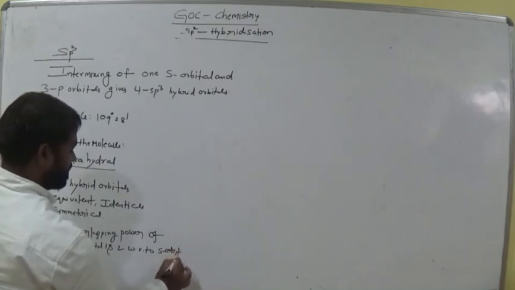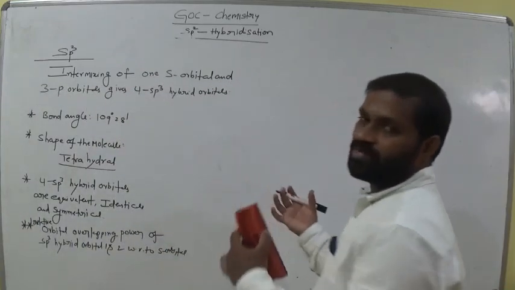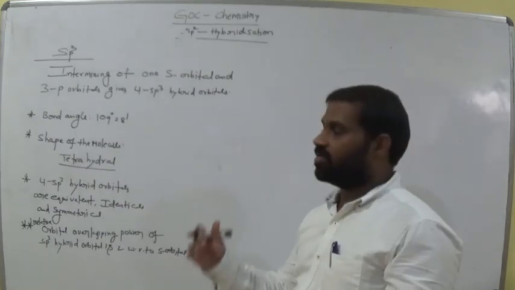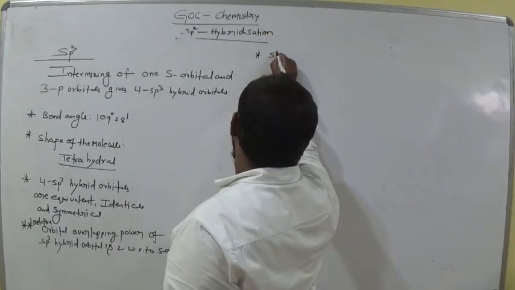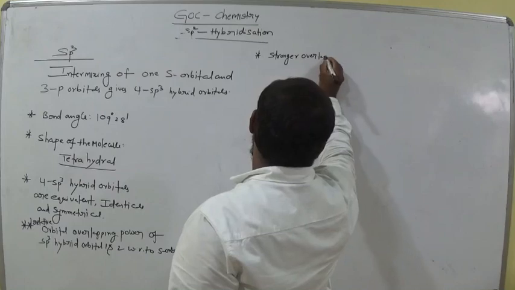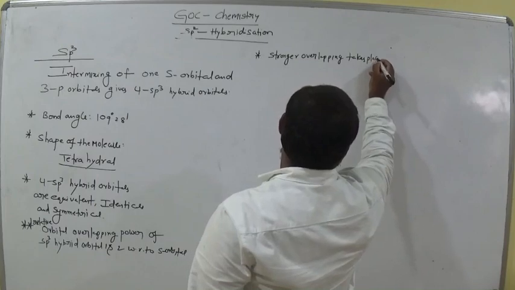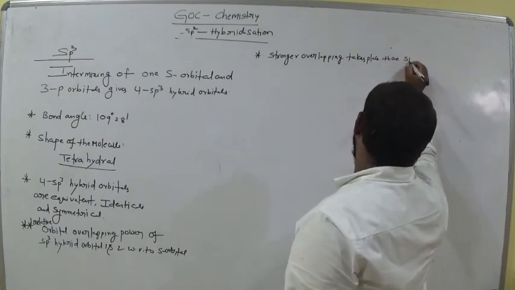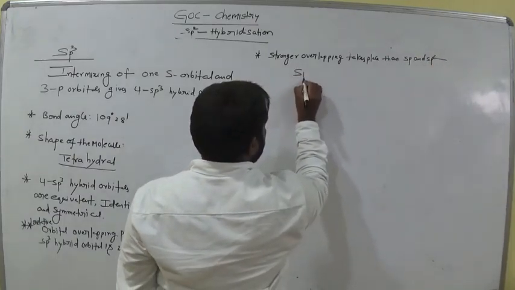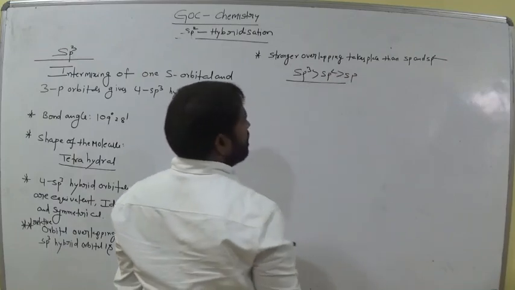Remember this, we already discussed it. Important point: stronger overlapping takes place in sp3 than in sp2 and sp. The overlapping order is sp3 stronger than sp2, then sp.